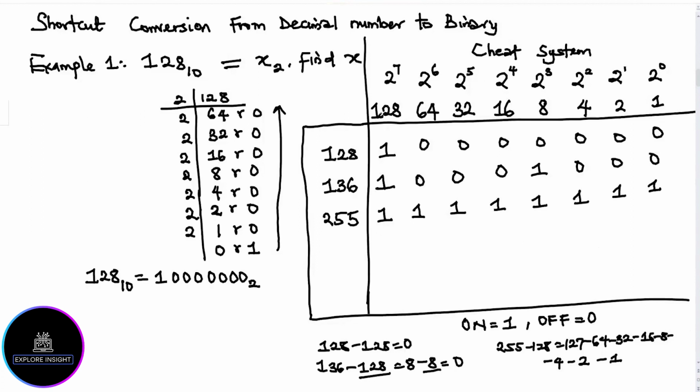You can punch your calculator: 128 plus 64 plus 32 plus 16 plus 8 plus 4 plus 2 plus 1 definitely will give you 255. So I believe I've been able to show you how to go in a faster mode when you're dealing with huge numbers, especially when you're converting from decimal number to binary number.